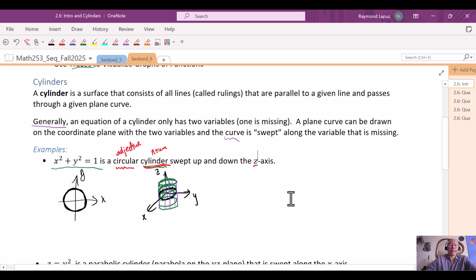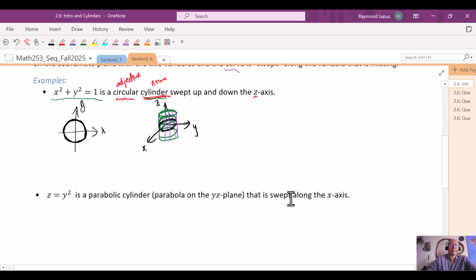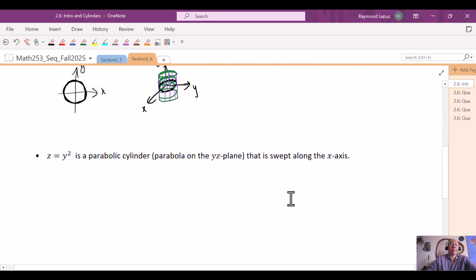Let's take a look at another example. In this example, I'm looking at it and thinking z is equal to y squared. I don't see an x there, so the x is missing. So I would imagine the shape getting swept along the x-axis. I can first draw the yz plane and isolate this.